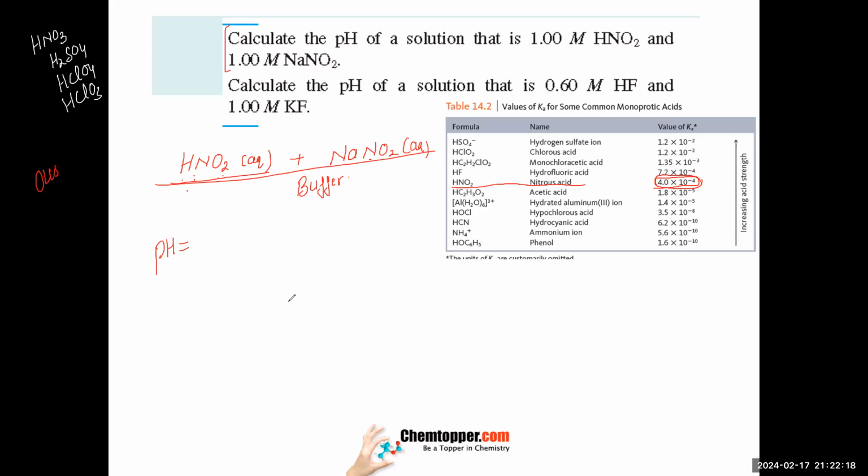Get the value of pKa. You can see the Ka value. Shall I write here? The Ka of this acid is 4.0 times 10 raised to power minus 4. So what's the pKa?